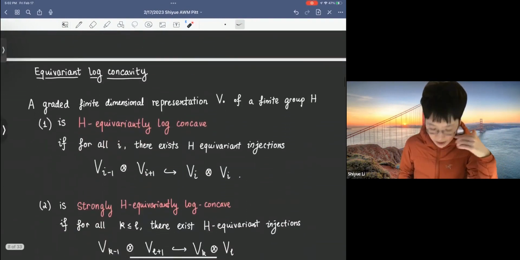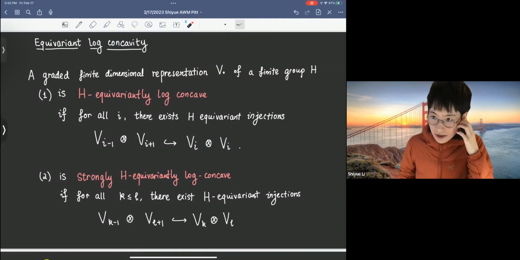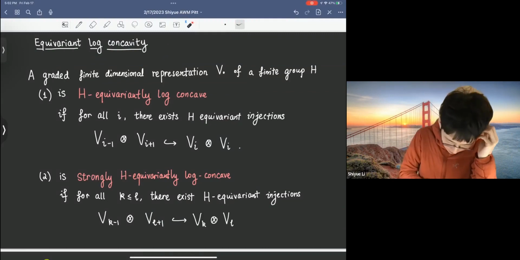So here comes the notion of equivariant log concavity to help us think about such a question.